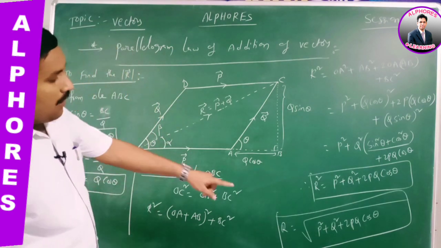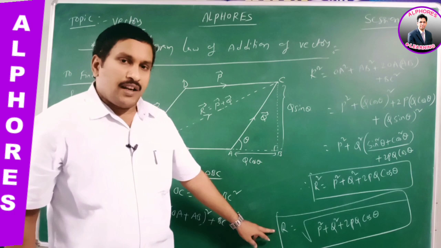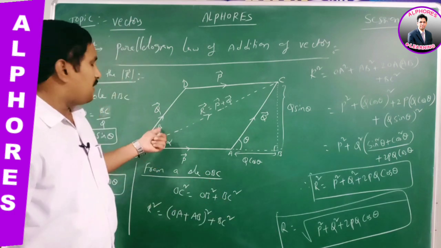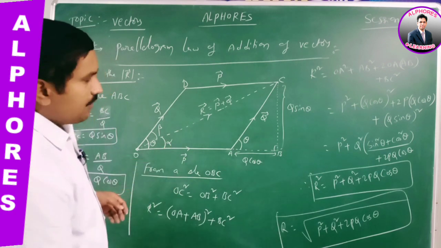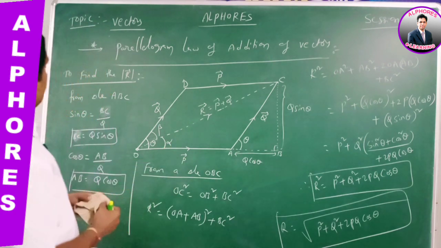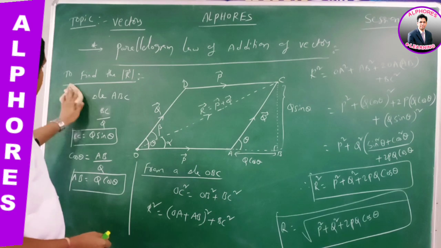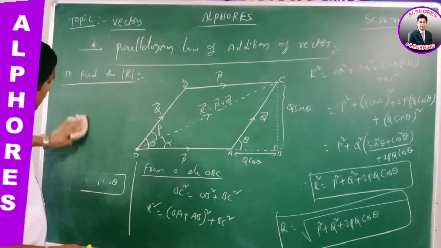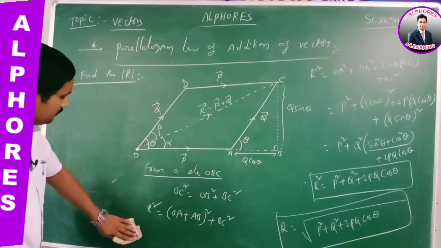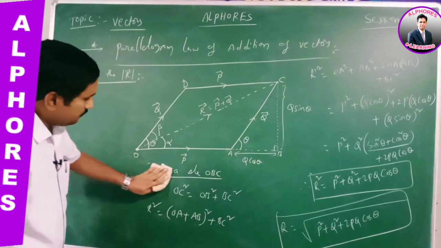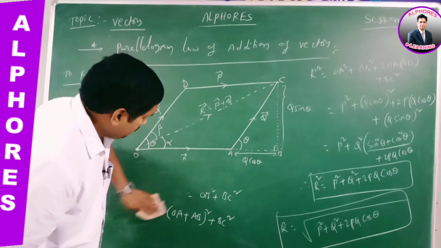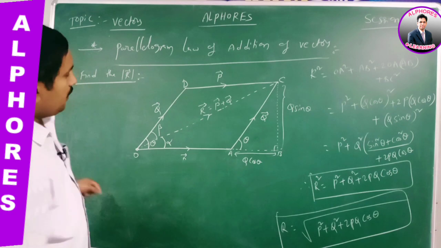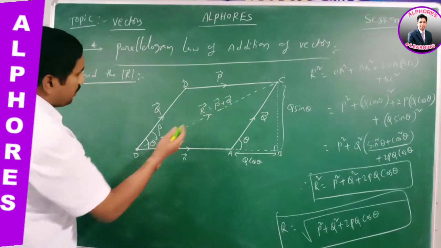Okay. Now after getting this magnitude of the resultant, what am I finding? I have to find the direction of the resultant, that is alpha, and after that beta also. If you get alpha, in the same way you have to write the expression for beta also. In order to find the value of alpha, from the diagram only, which triangle should you prefer?